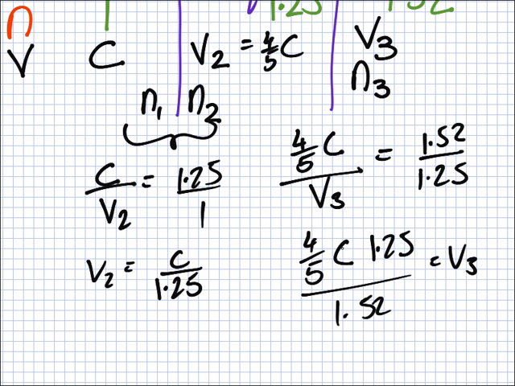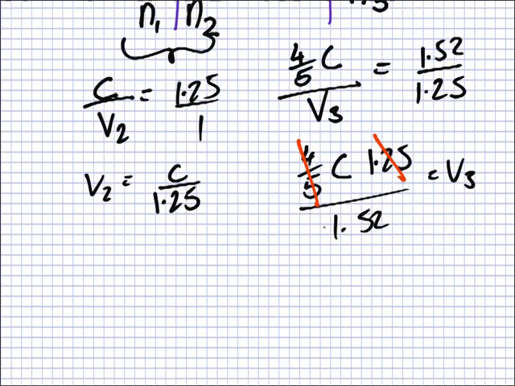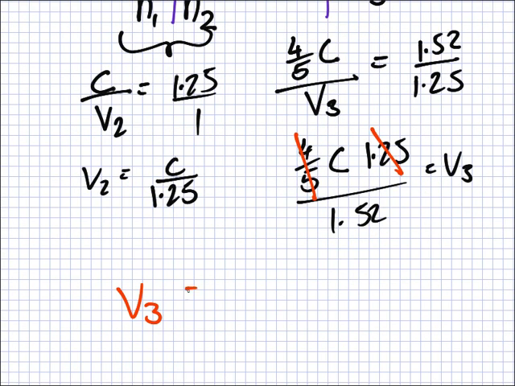So Dorian, your question, which we were both thinking, is it doesn't seem to matter because in the end this one cancels with this one and you get V3 equals C over 1.52. But I could have used the formula at the beginning, N equals C over V.